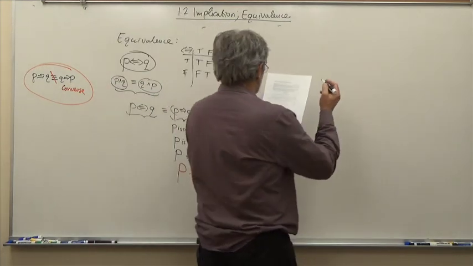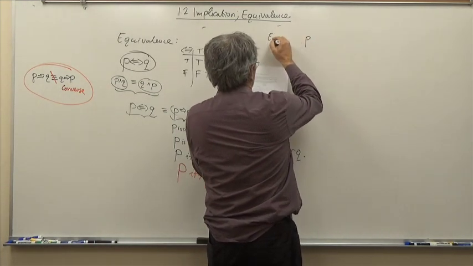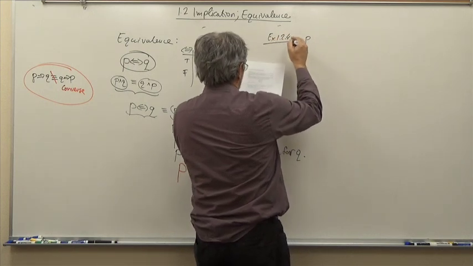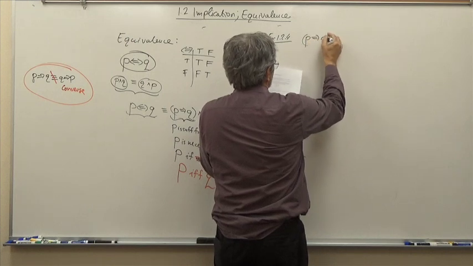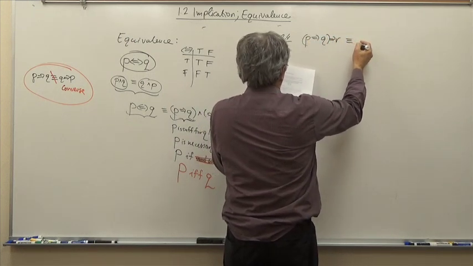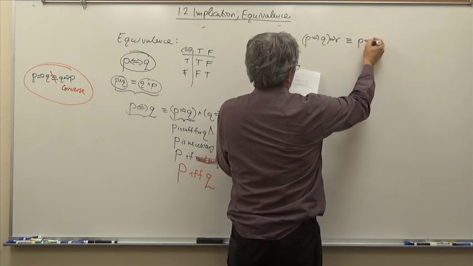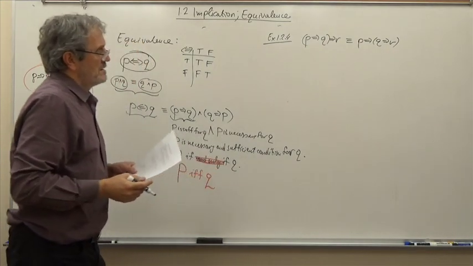And then in the last example in the section, I ask you the following. So this is example 1.2.4. Is it true that P implies Q implies R is equivalent to P implies Q implies R, with the parentheses placed differently?